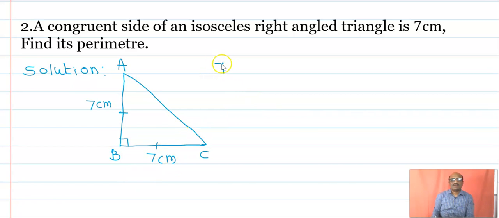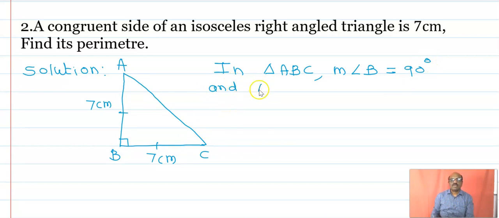In triangle ABC, measure of angle B is equals to 90 degree, and AB is equals to BC, and therefore AB is equals to BC.